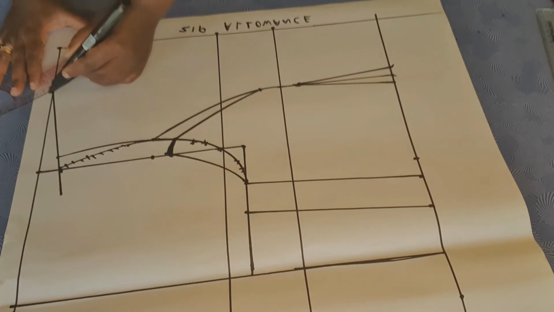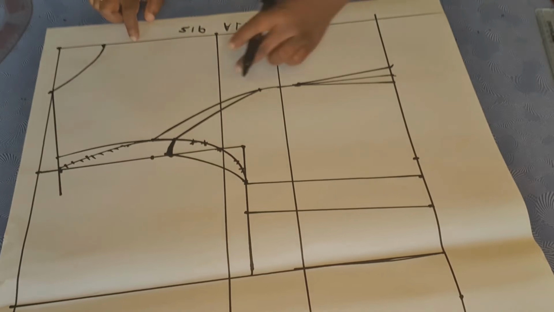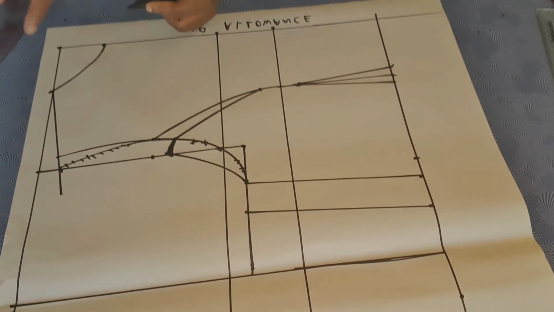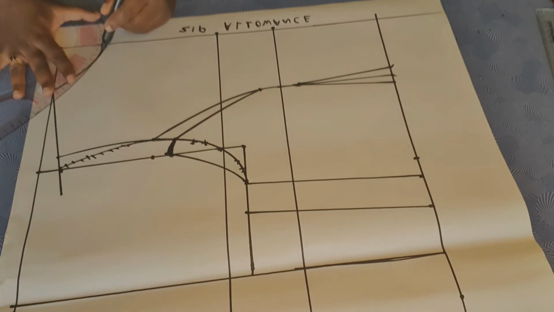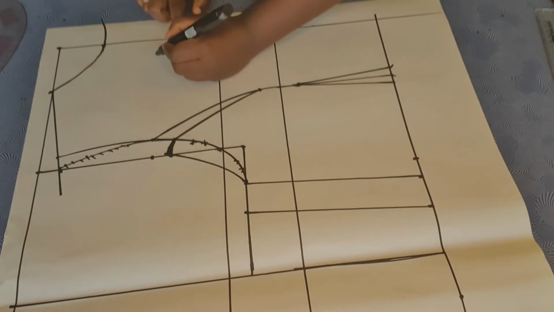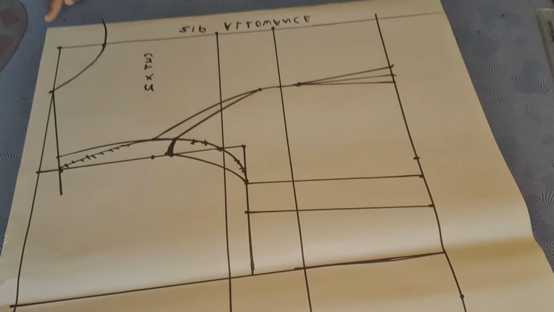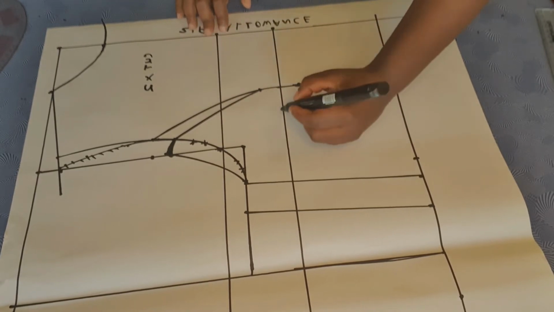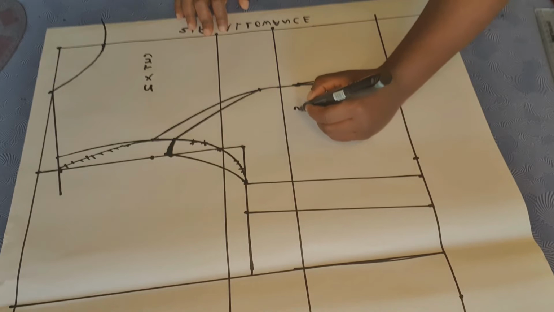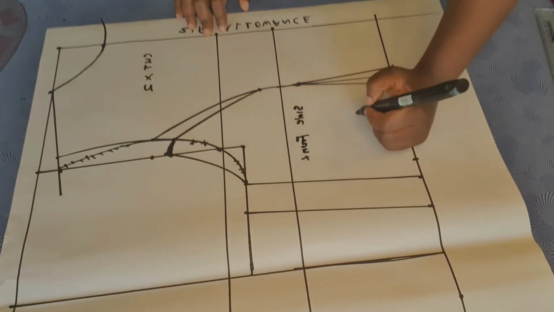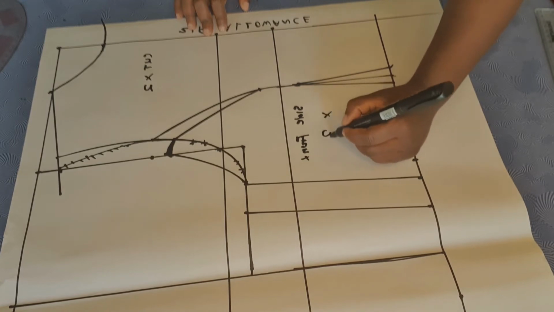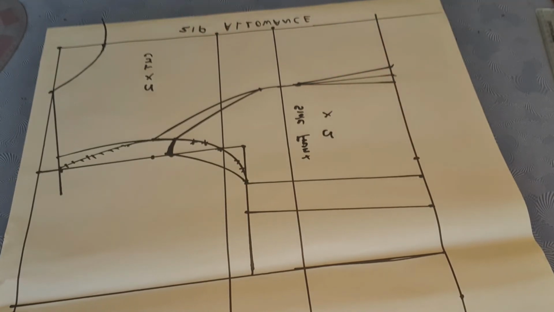Okay, so here the center piece now, this must continue here because you are cutting all the way here. So meaning you will have cut times 2 because of this opening we're going to have. And then the side, let's call it side front, you also will have 2 times 2.